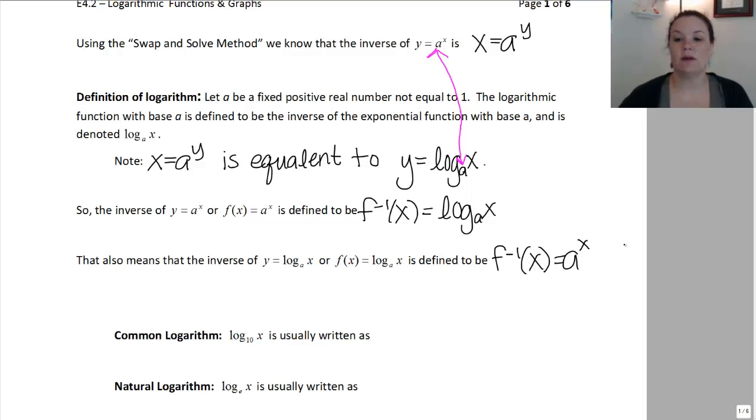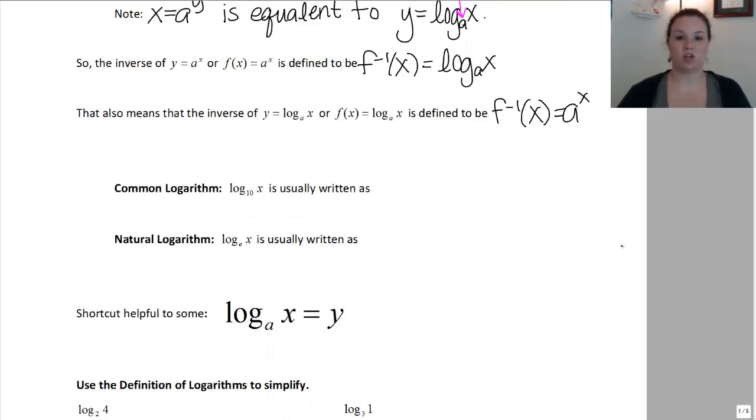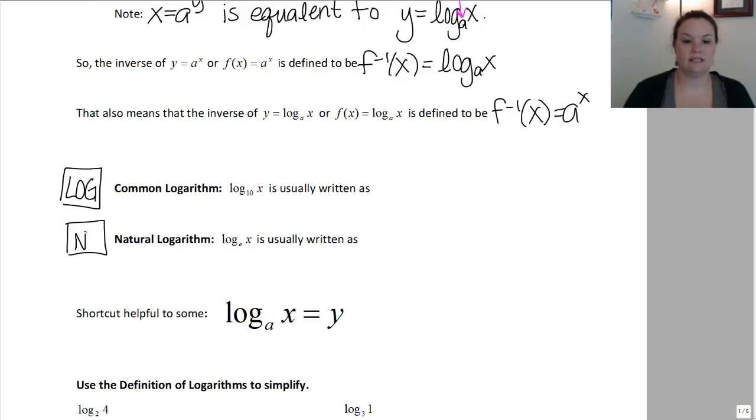Let's go ahead and look at a couple of the general forms of logs. If you notice on your calculator, you have two buttons. You have a button that just says LOG for log, and you have a button that says LN, not NL, LN. These are the two buttons you have on your calculator that we use for logs. One is called the common log, one is called the natural log.